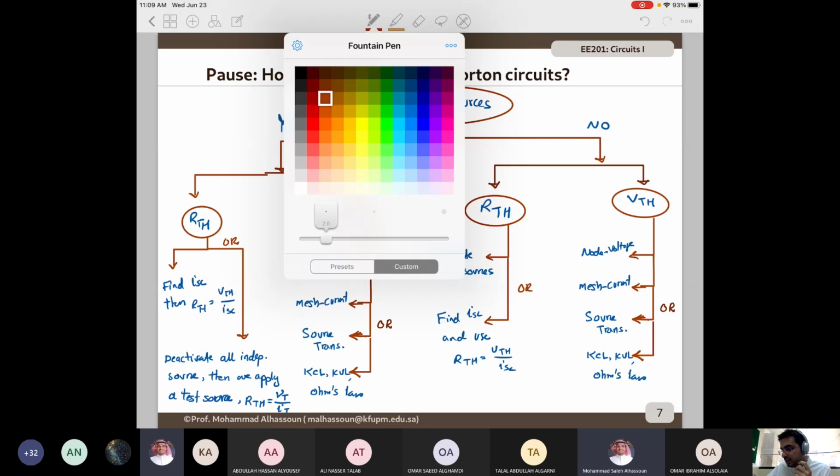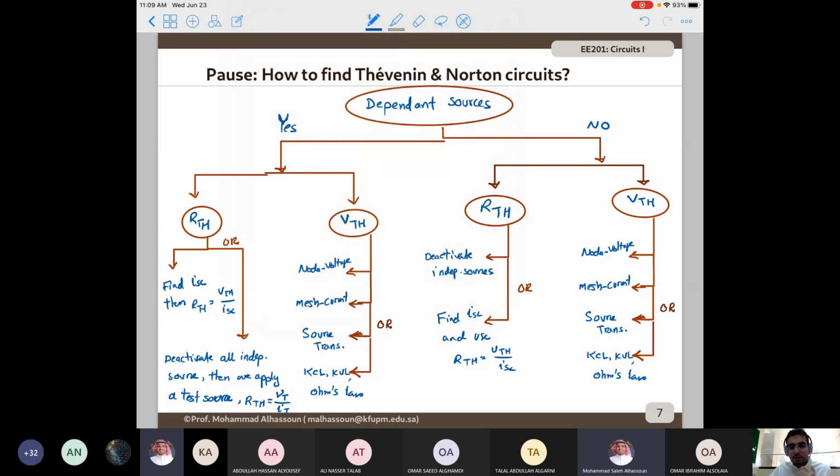So we have two options: either find the short circuit current and take the ratio with the Thevenin voltage, or deactivate all sources and find the ratio. This tells you one important thing, that usually it's better to start with finding the Thevenin voltage than the Thevenin resistance.